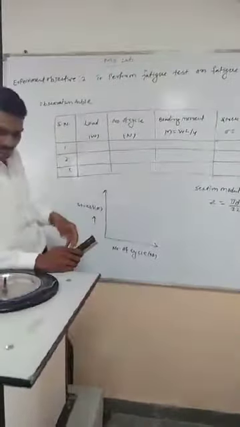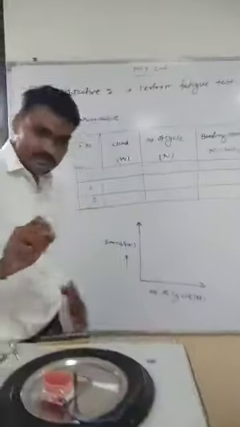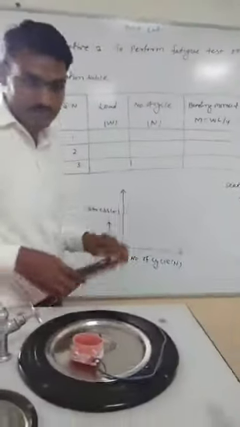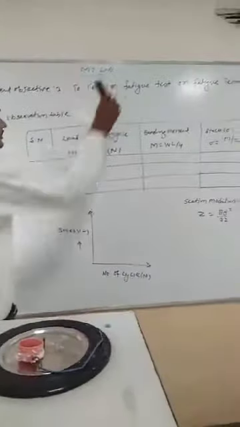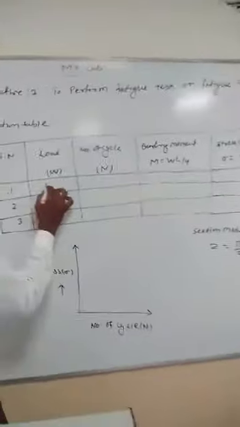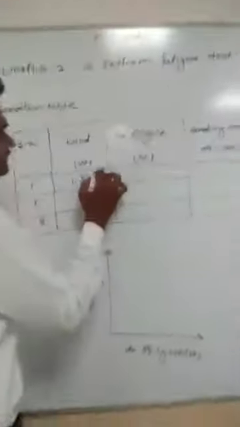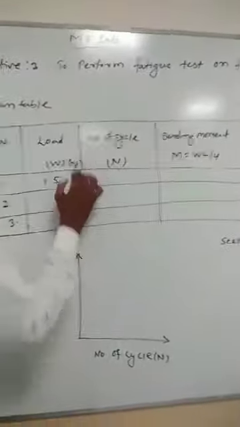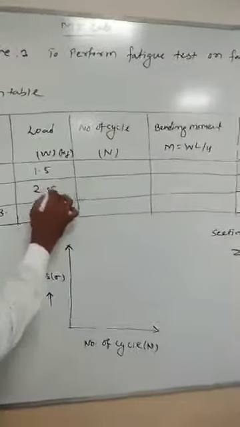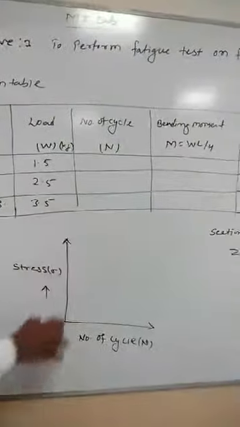We are going to the load table. We apply different loads starting from the initial load. Different loads, suppose 1.5 kg, another one 2.5 kg and 3.5 kg.